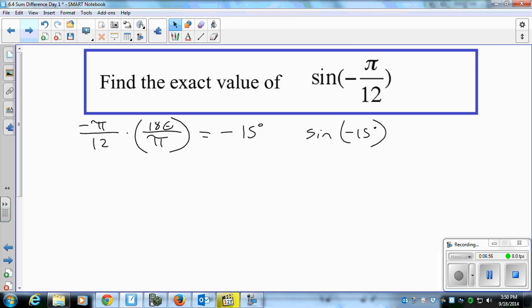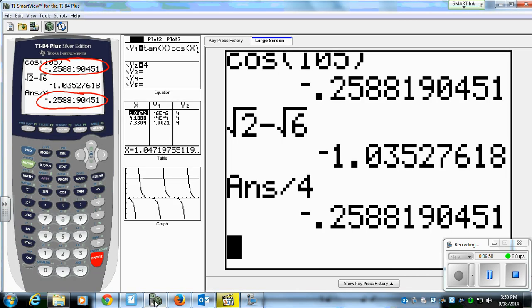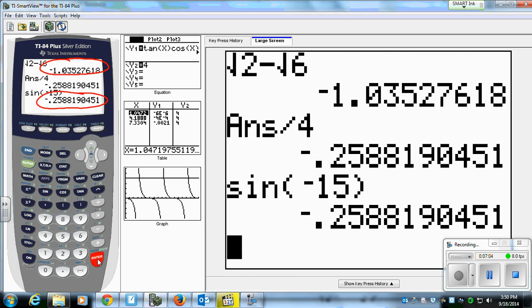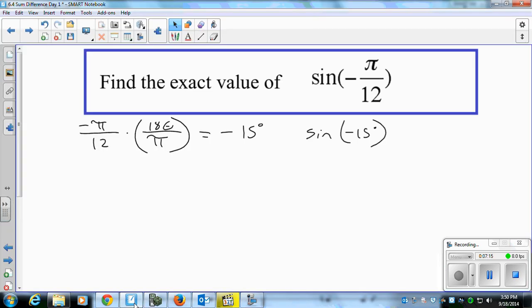Well, again, I can plug that into my calculator, and I can do the sine of negative 15 degrees, and I get that same decimal. And actually, it ends up being the same as the problem we did before. So let's go ahead and figure out how we can use our formulas to get that solution. So I'm going to use sine. And again, I have my values of 30, 45, and 60.